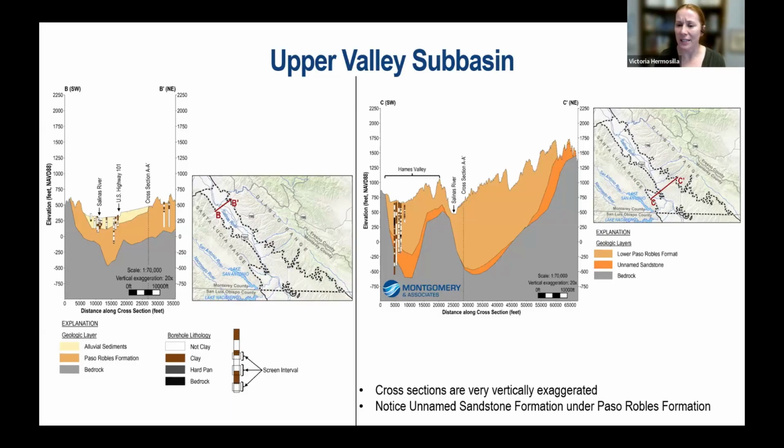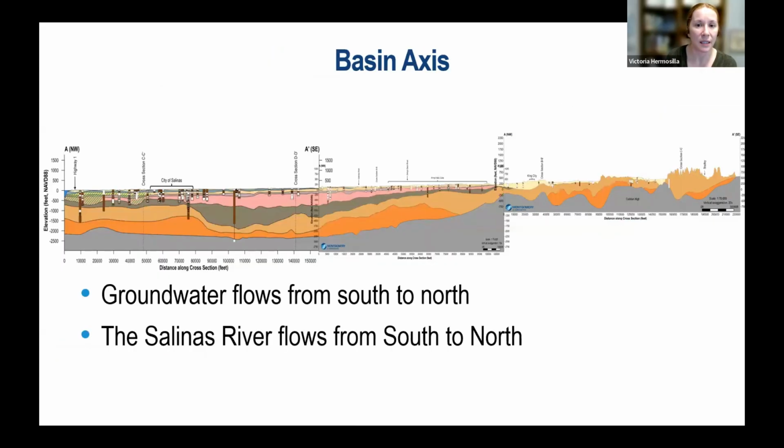But it was just sort of an interesting thing as we were going through the data to see this separate unit, but be able to include it for potential future management, if any at all. But this is one of the results of that expanded boundary and understanding this broader area of subsurface. And this is the expected direction of groundwater flow.